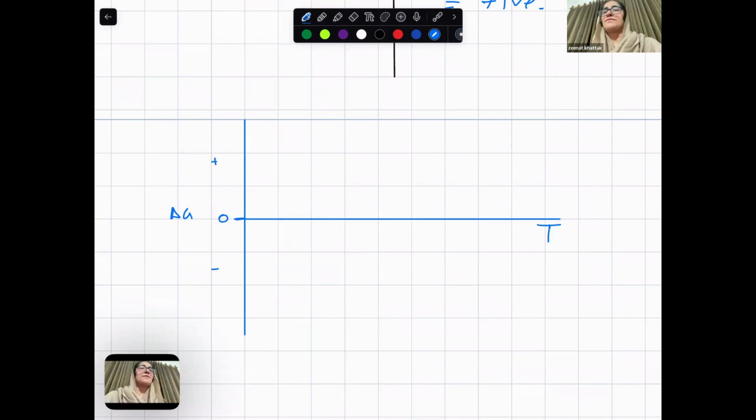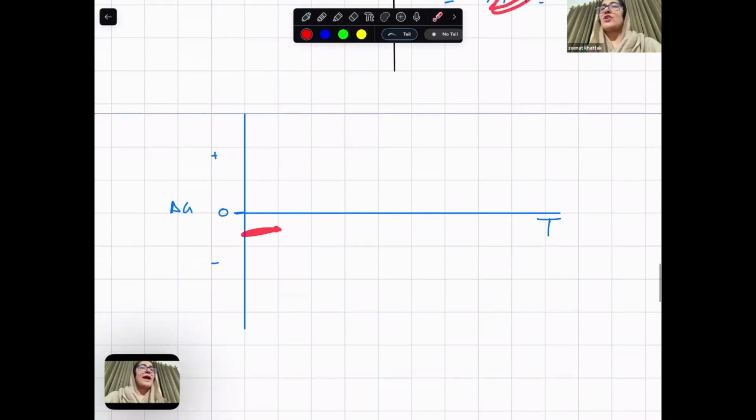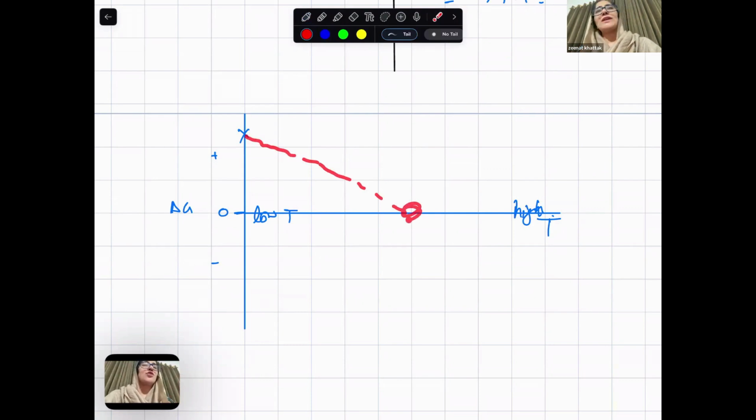How will you plot the graph? A straight line, positive, negative. This is temperature. At low temperature, it is positive, and from positive, less positive becomes zero. What is the zero thing?